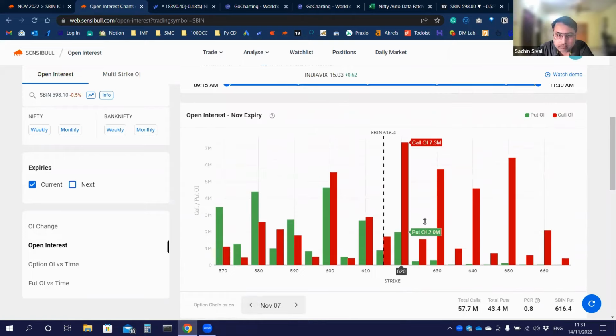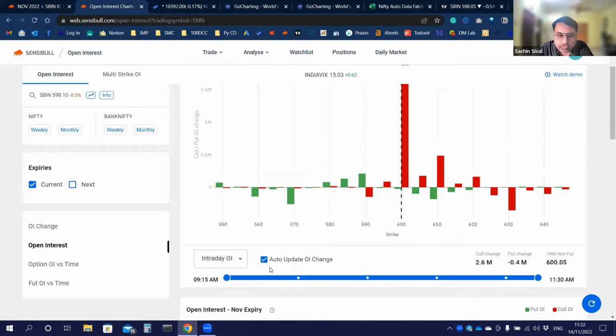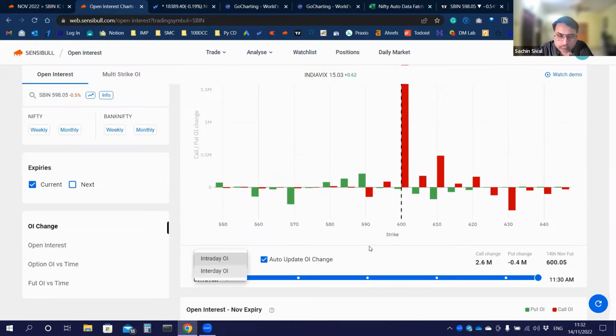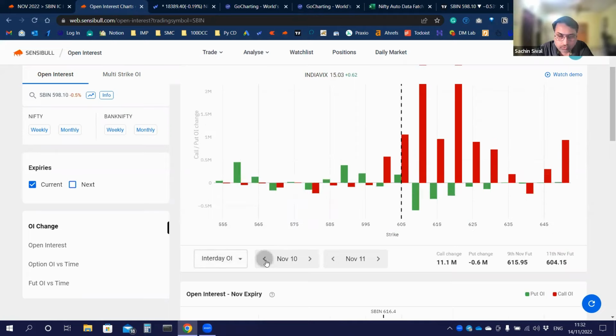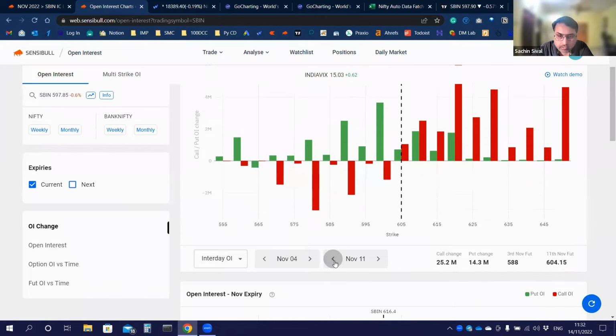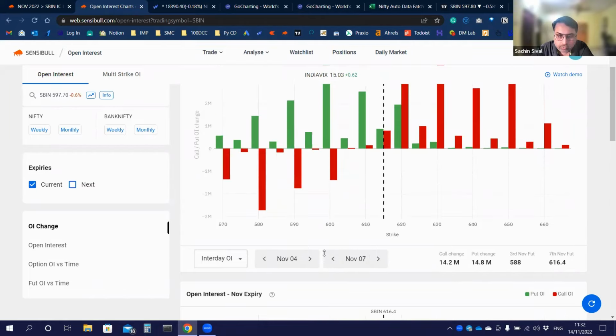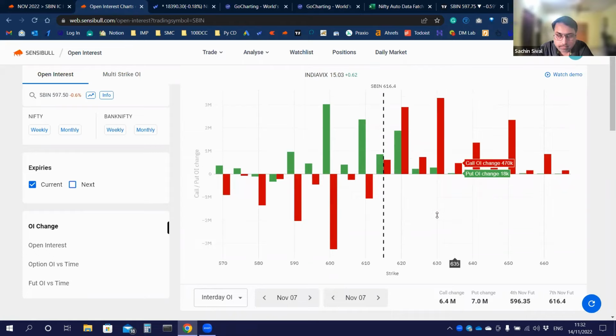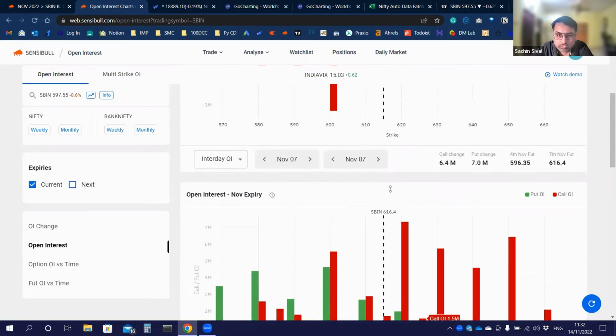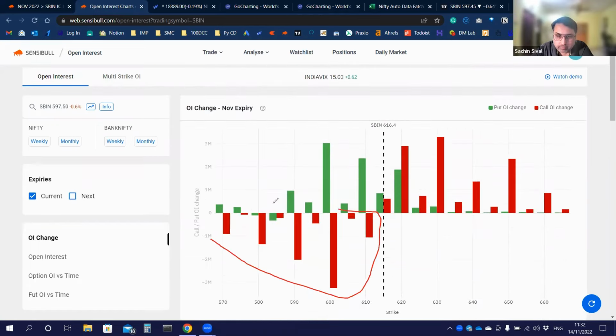Let me show you the change in OI also. People are shifting the calls they have shorted to higher levels, from 600 to 620, and they are shifting to 620 and 630.